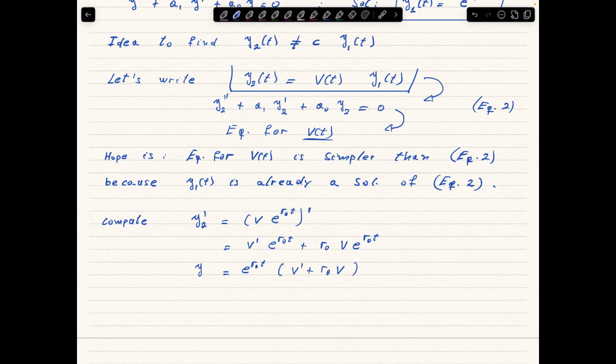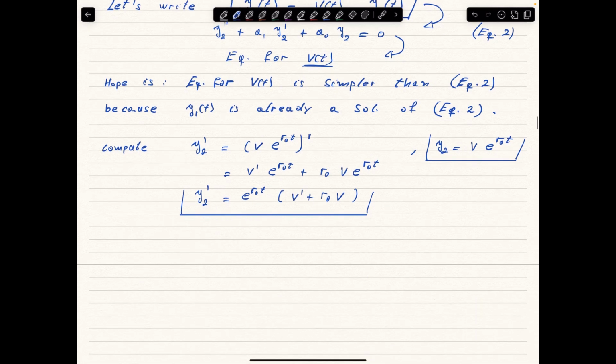Alright, this is y2 prime. We are going to need this expression. Recall that y2 is just v exponential r0t. So we have the first derivative.